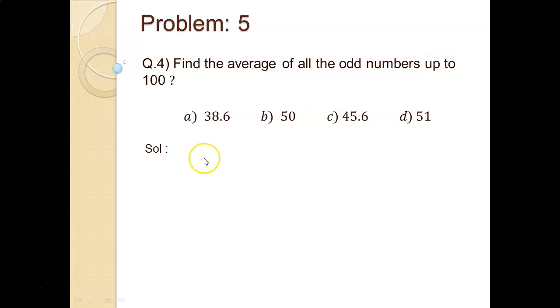The ones position is 1, 3, 5, 7, 9, and so on up to the last. What will be the last odd number? That is 99, not 100. The last odd number is 99.